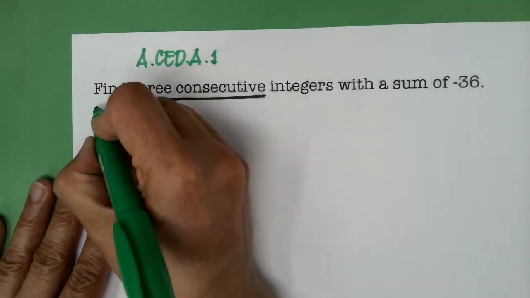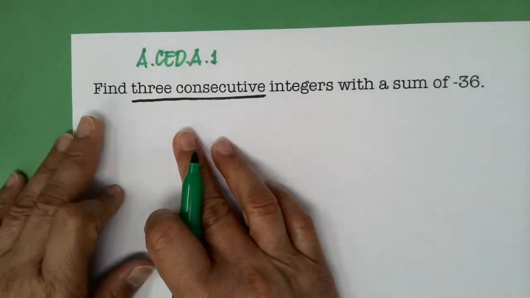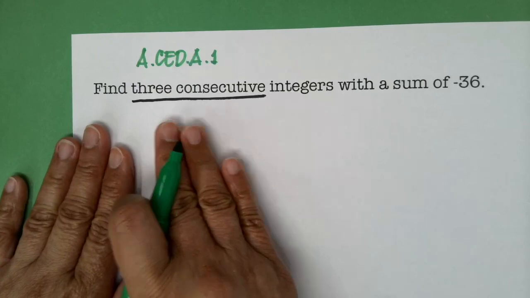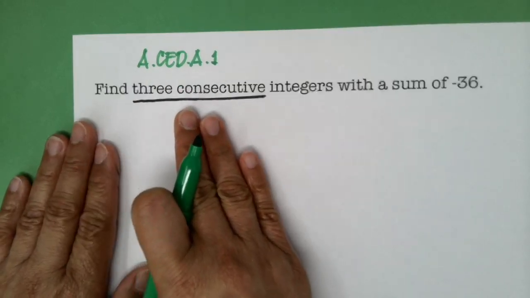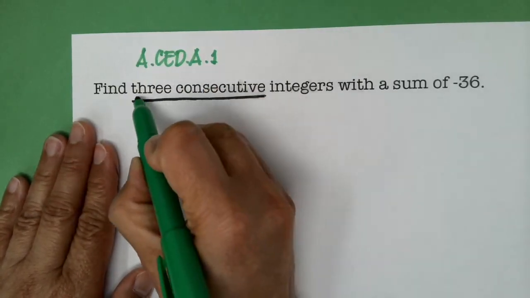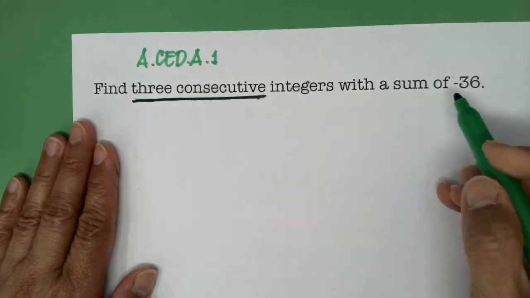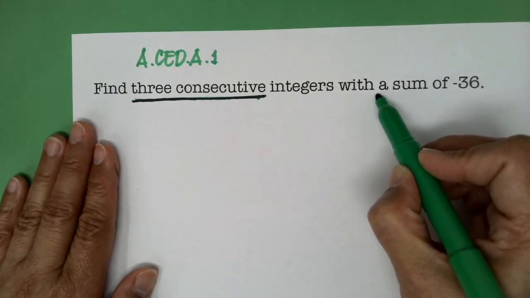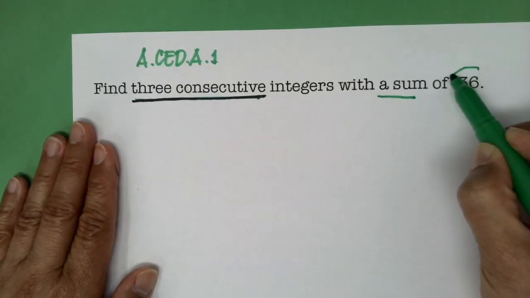Alright, so first thing, we have to find out what the situation is. We have to find three consecutive integers, so they're consecutive, right? And then with a sum of negative 36.